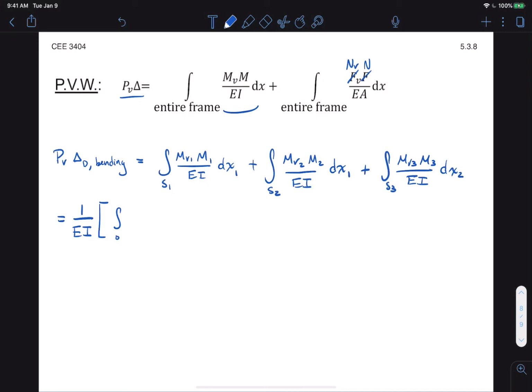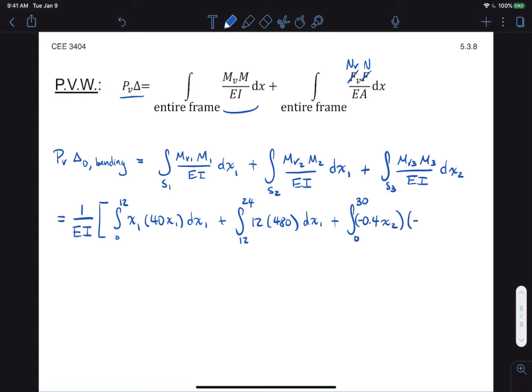That's constant for all terms. And then we have the integral from 0 to 12 of x1 times 40 times x1 integrated over dx1 plus integral from 12 to 24 of 12 times 480 dx1 plus the integral from 0 to 30 of 4.04 x2, so that would be negative times negative times 1.5 x2 squared over 2 plus 38.5 times.